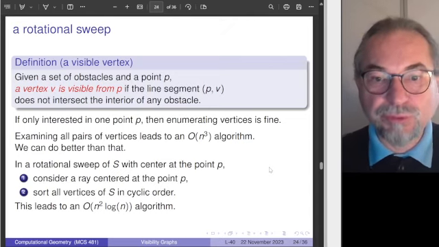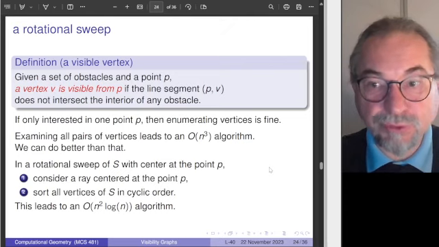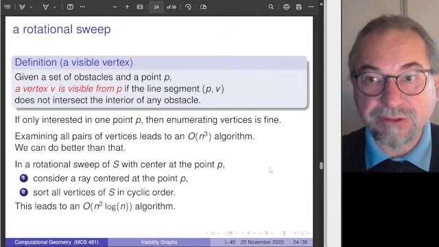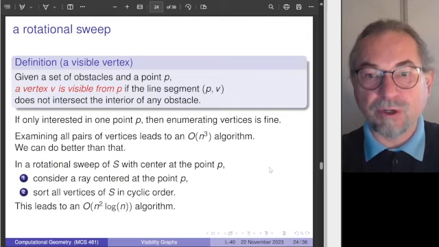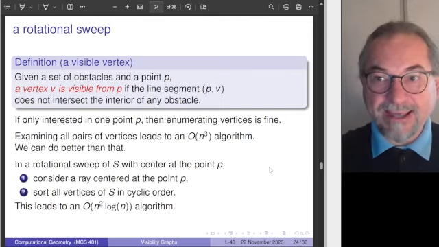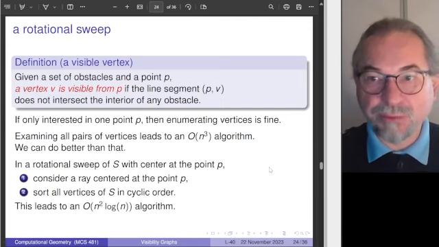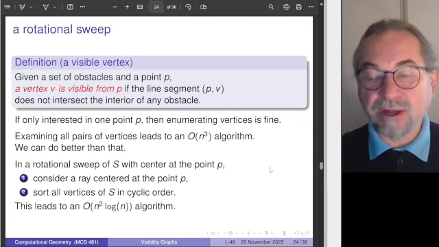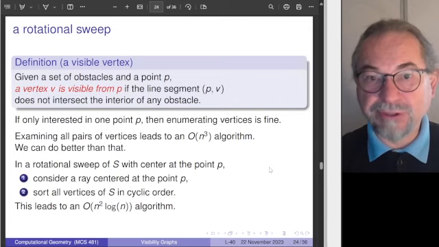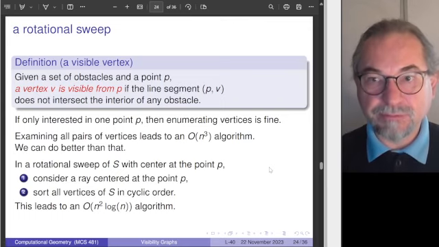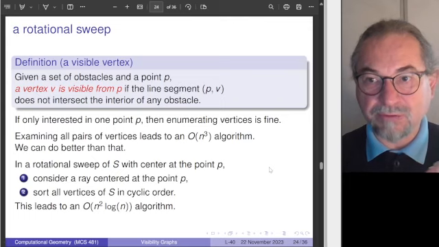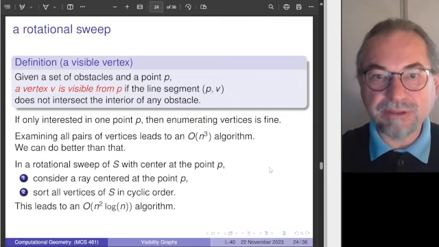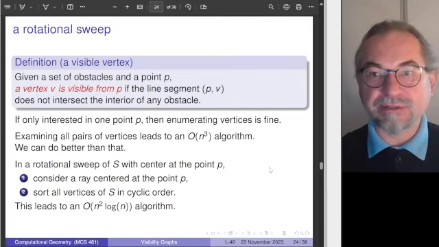But if you would do this for all the pairs of the vertices, note that if you are interested in one point, then there are n vertices here. For this problem, the n is not the number of obstacles, but the total number of vertices. So you have to consider every other vertex, and you have the line segment to that vertex point, and then you have to see whether you're intersecting or not.